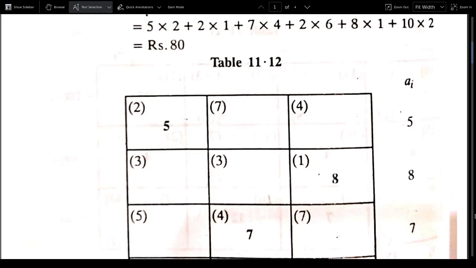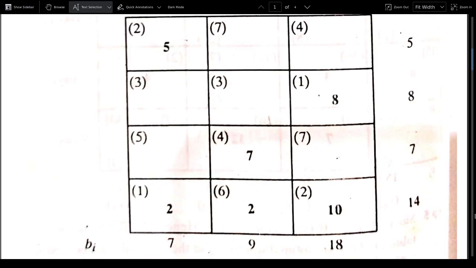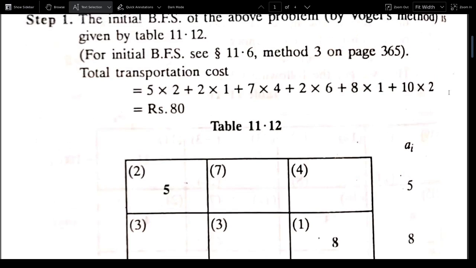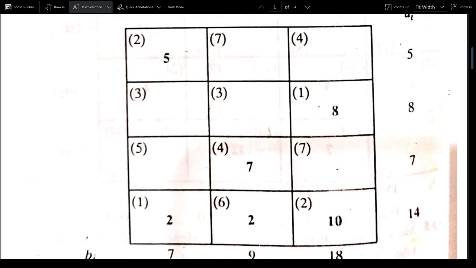How to find out the penalties? For the first row, costs are 2, 7, 4. So what will be its penalty? Here the lowest cost is what?